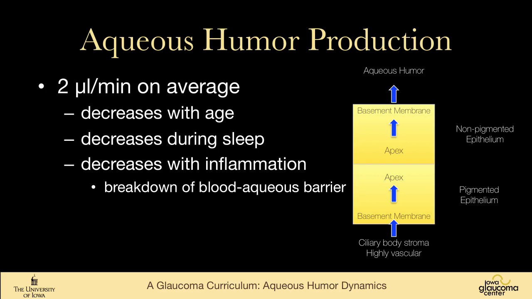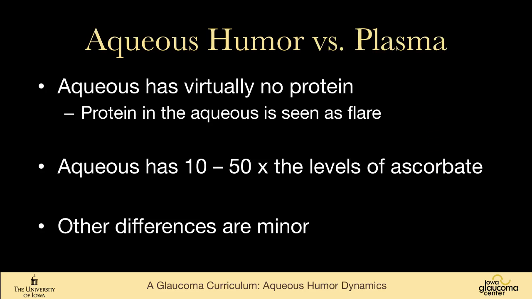There are a lot of very subtle differences between aqueous humor and plasma, but there are two main differences. Aqueous has virtually no protein, and that's why it's crystal clear. And if you do get protein in the aqueous, then that becomes flare, because you can see the light traversing the anterior chamber.